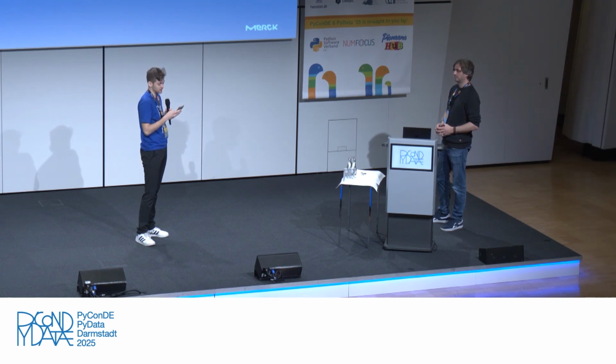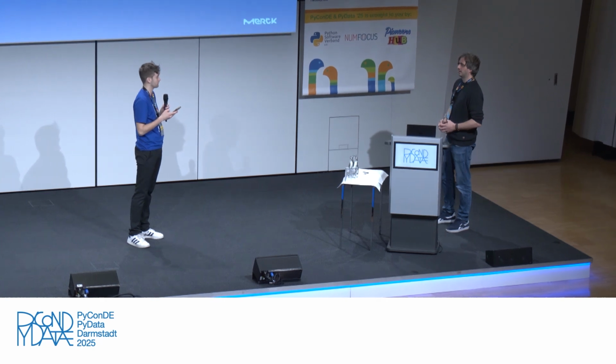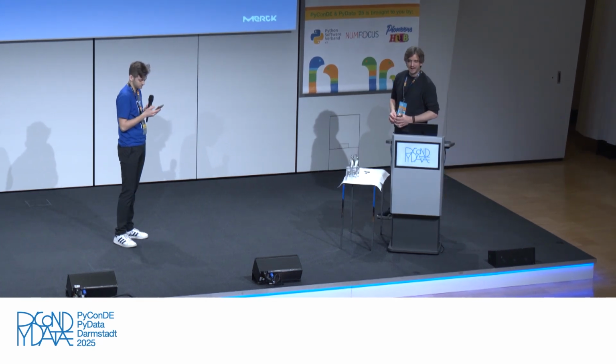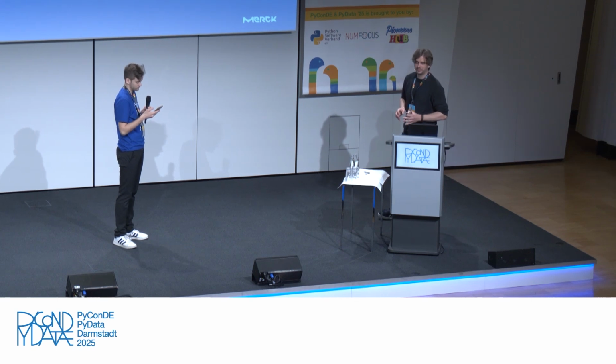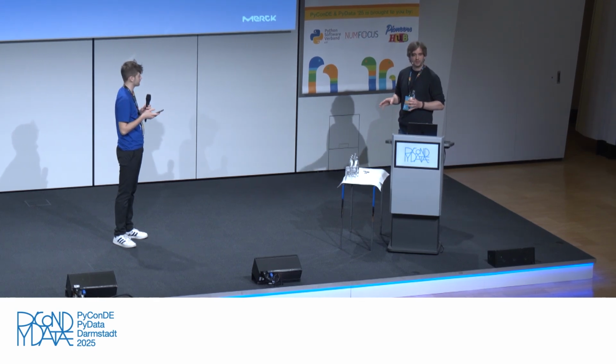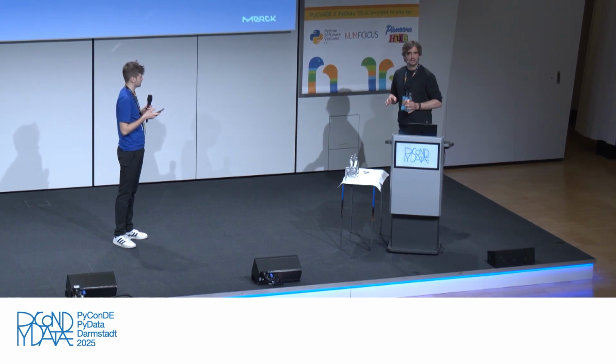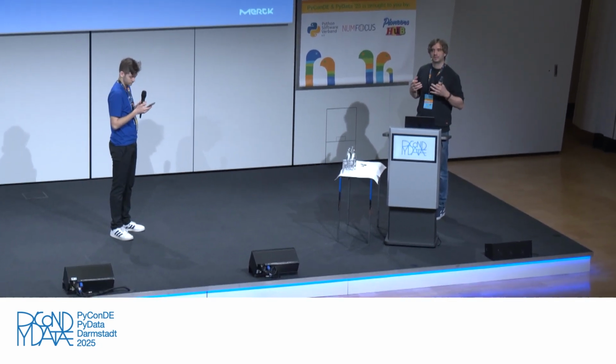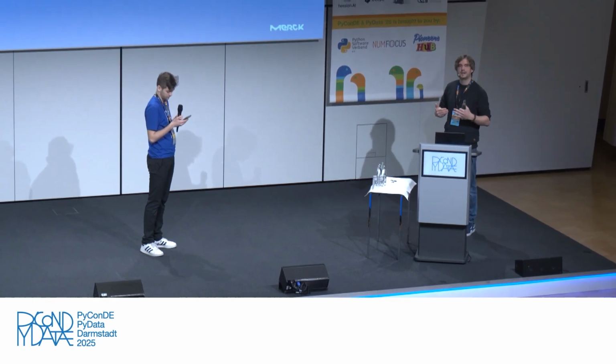So one question is: is attrs an alternative to Pydantic, or can they be used complementarily? I think, so I've also asked myself that question a lot. They serve slightly different purposes. Pydantic is foremost a validation library, and I think it really shines at validating user input, whereas the philosophy of attrs is really to offer a class building framework.